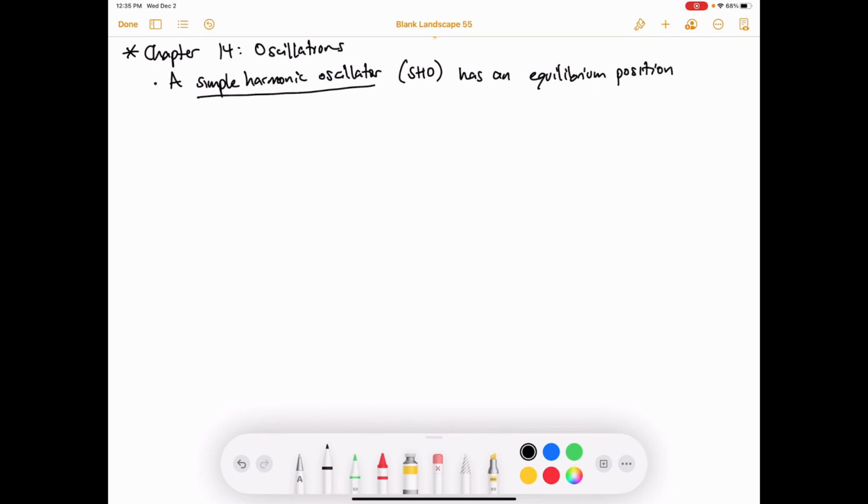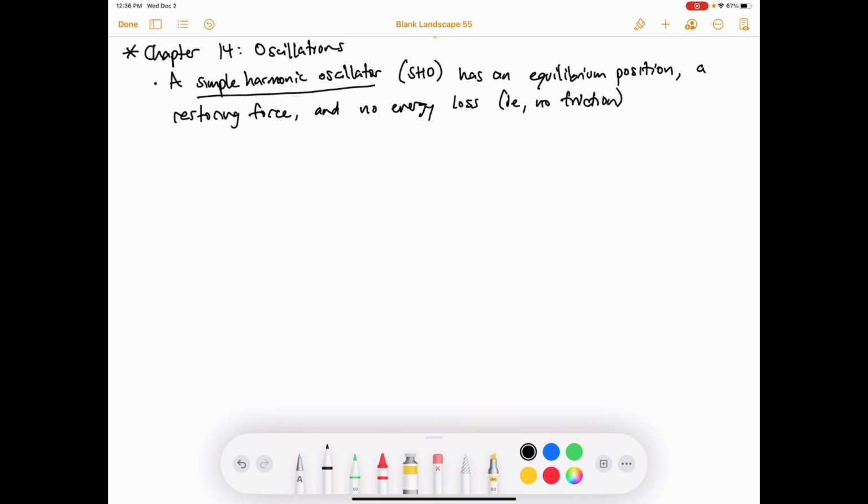So this is the point where the force goes to 0. If you take it away from equilibrium, there will be something called a restoring force, which would bring it back to equilibrium. And the assumption when we talk about simple harmonic oscillators is that there's no energy loss. So in other words, no friction of any kind.